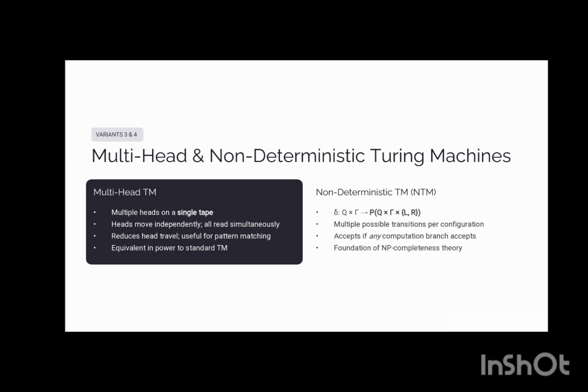The class NP consists of languages decidable by a non-deterministic Turing machine in polynomial time. Both models are Turing equivalent to the standard Turing machine but offer significant time complexity advantages for specific problem classes.